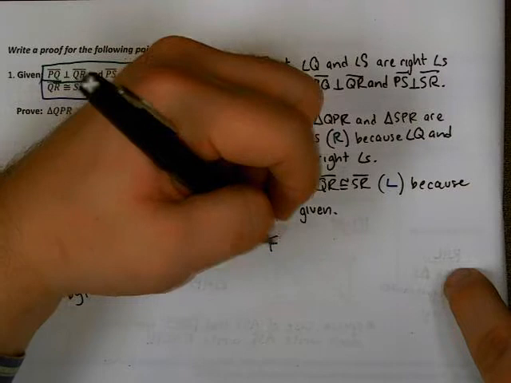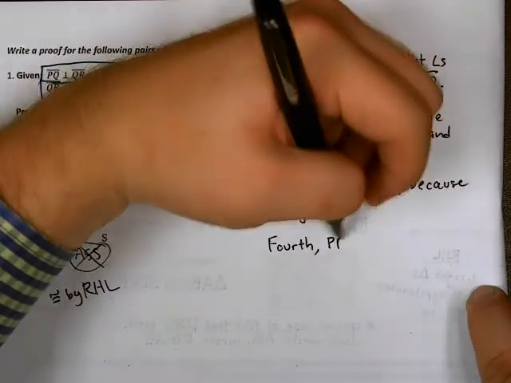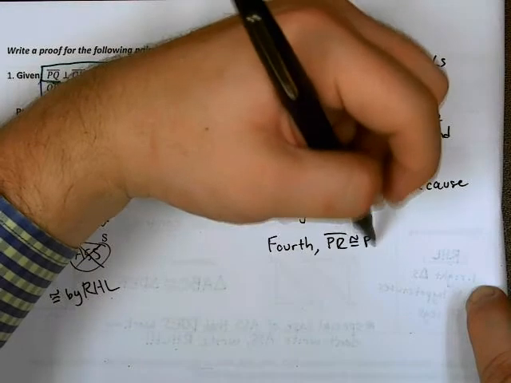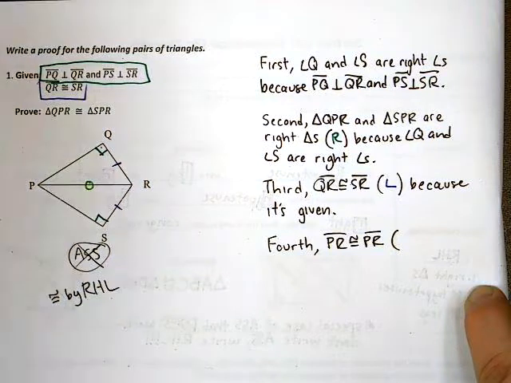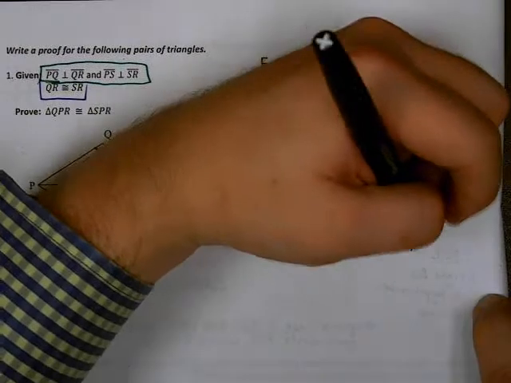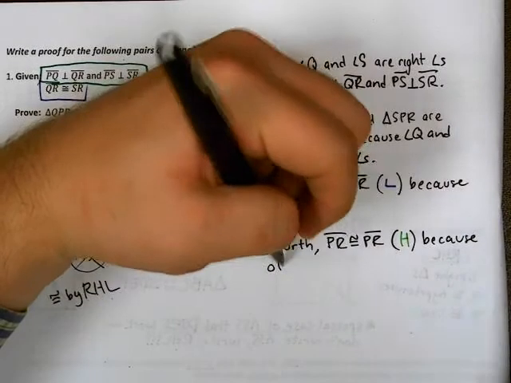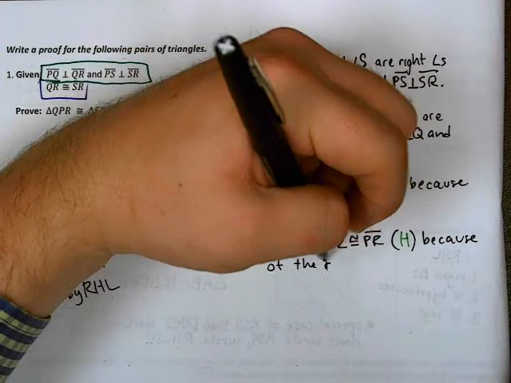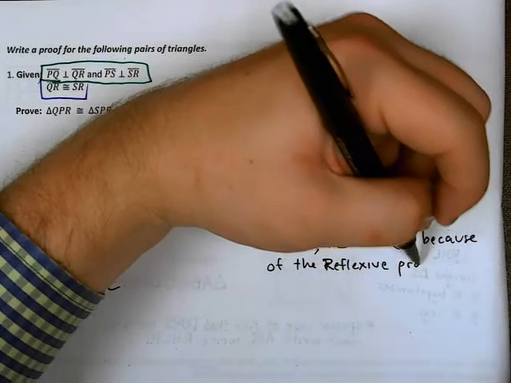Fourth, PR is congruent to PR, which is the hypotenuse. Because of why? Oh, the reflexive property.